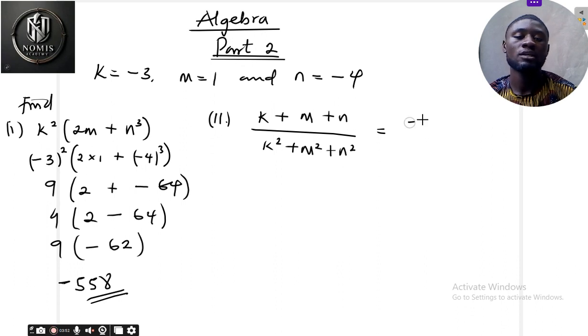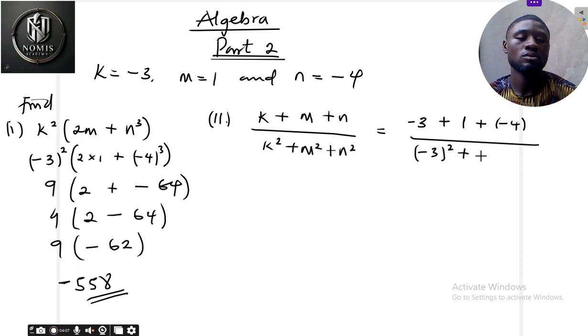K is minus 3 plus m is 1 plus n is minus 4. For the sake of the sign, you bracket it to demarcate. Then k squared will be minus 3 all squared, plus m is 1 squared, plus n is minus 4 all squared.